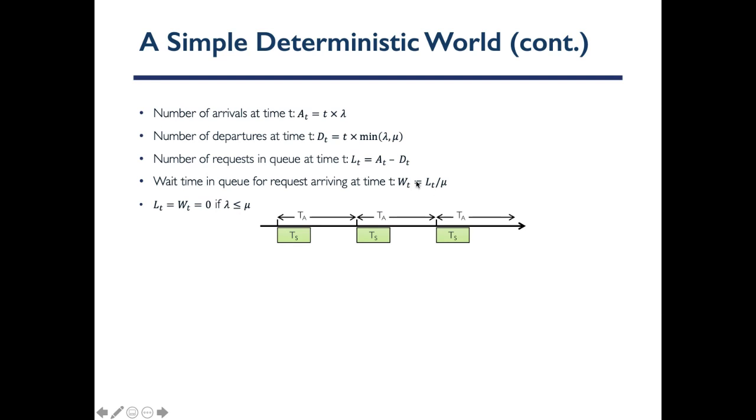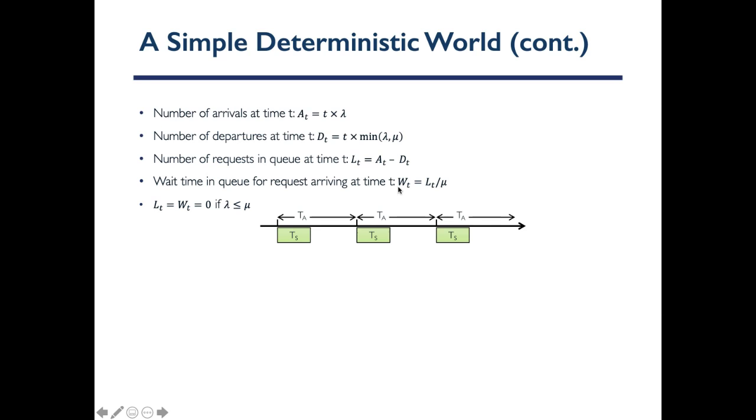Now, what happens if lambda is less than mu? Basically, what happens if your arrival rate is less than your service rate? In that case, this minimum becomes your lambda, and LT becomes 0, and WT becomes 0.